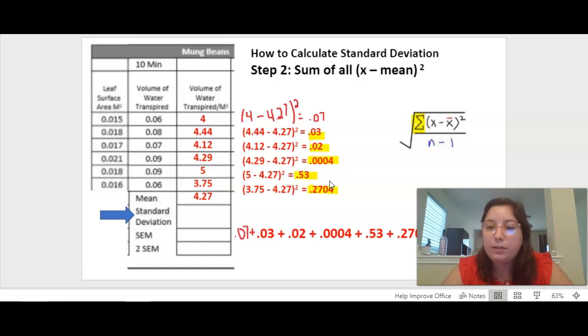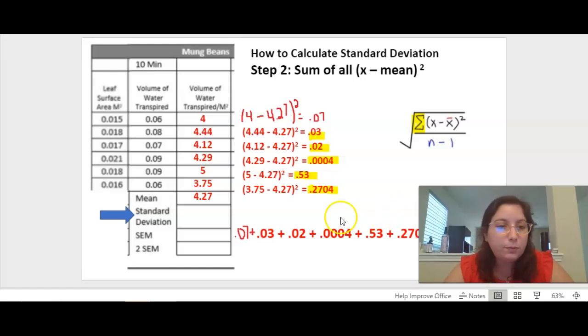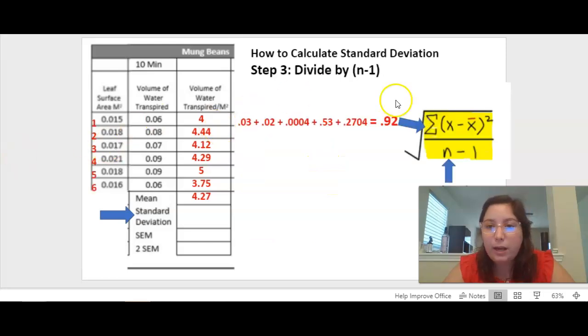Okay, and that answer is going to be 0.92. Once I do that, I calculated 0.92 for the sum.